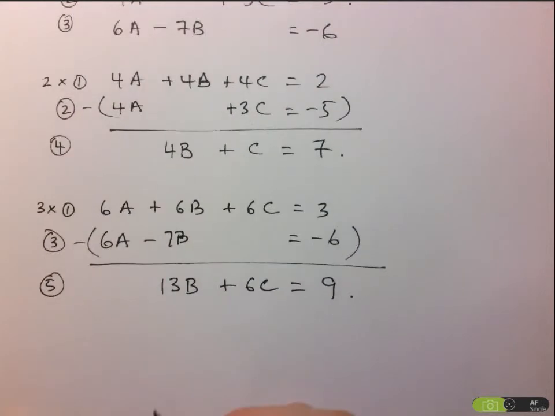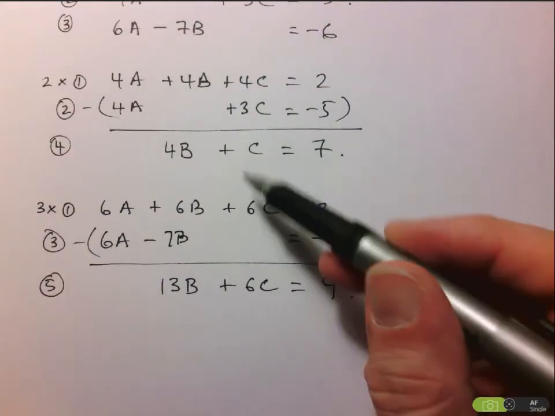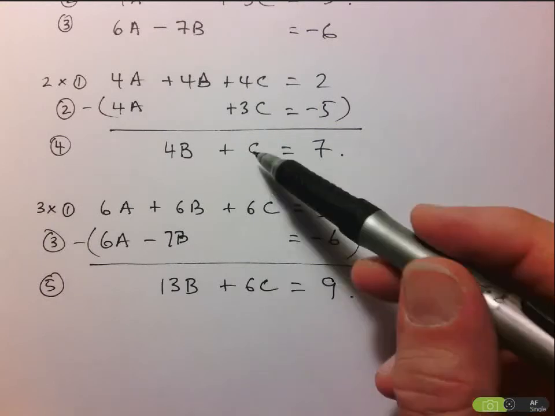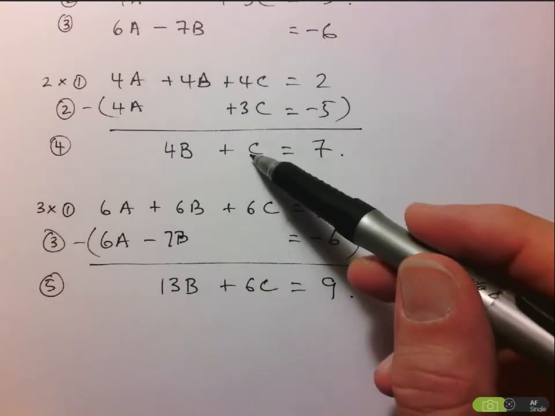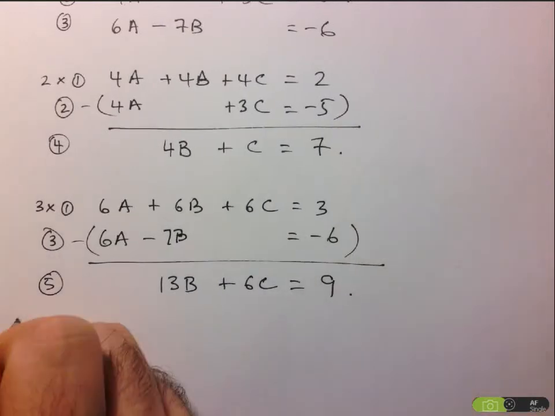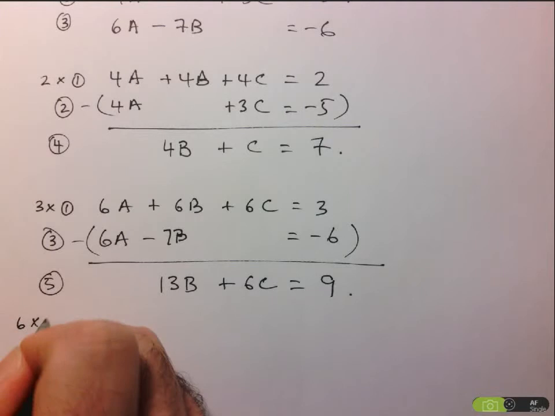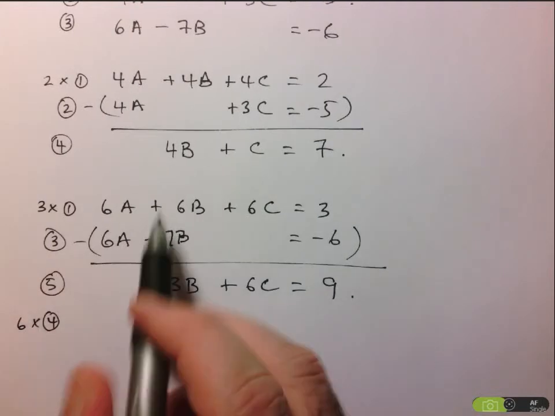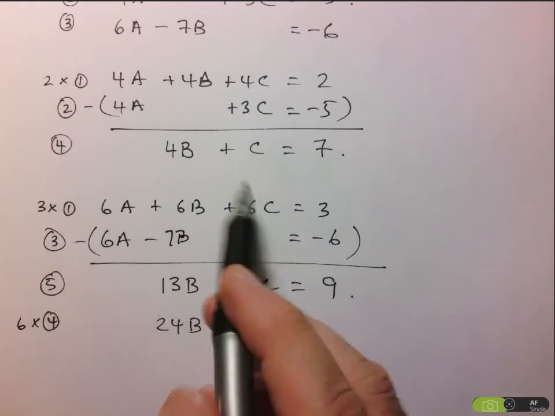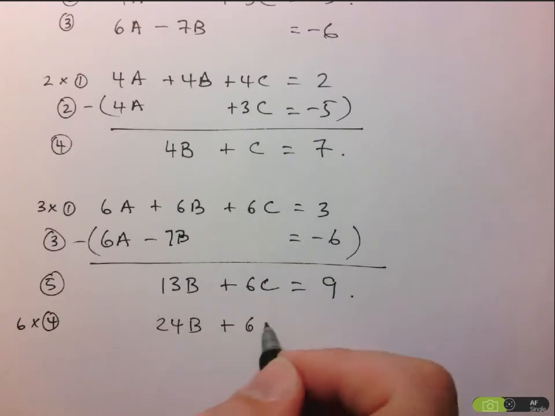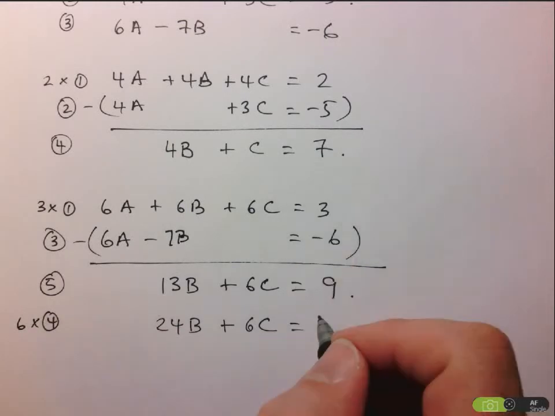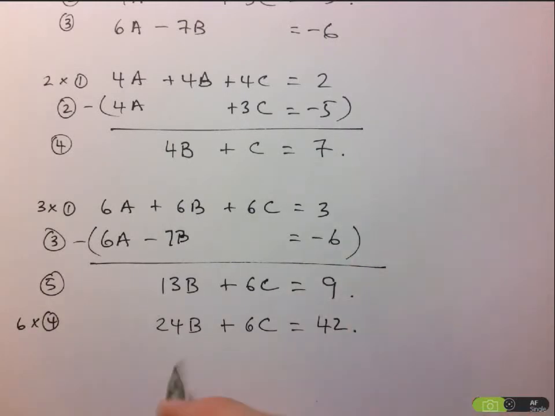Okay, so now that I have 2 equations and 2 unknowns, I can solve that as before. Again, I'll use elimination. The easiest thing to do is to multiply equation 4 by 6 to end up with the 6c's. So 6 times equation 4: 6 times 4 is 24b, plus 6c, and 6 times 7 is 42.